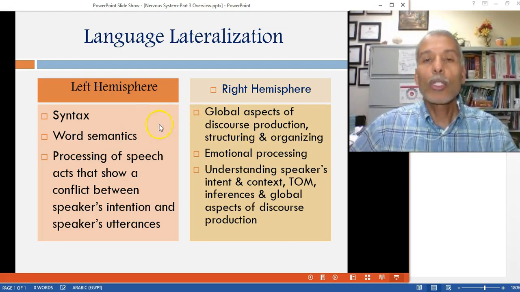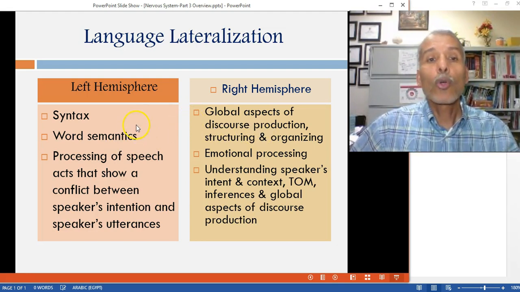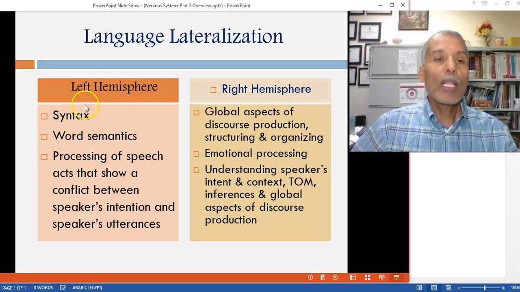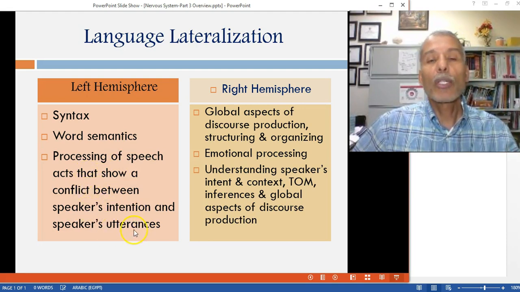Each one is going to contribute in its own way, and the best performance is going to require integration of functions across the hemispheres. So the left hemisphere is known to be dominant for syntax, for word semantics, like vocabulary, and for processing of speech acts that show a conflict between the speaker's intentions and the speaker's utterances.